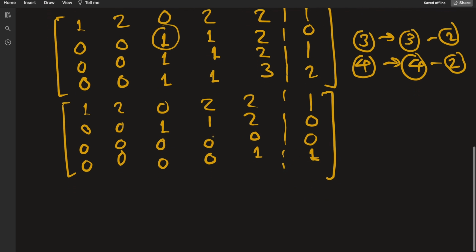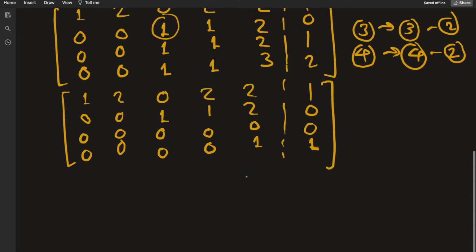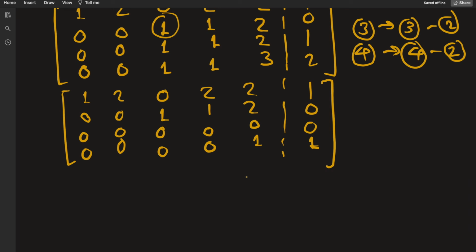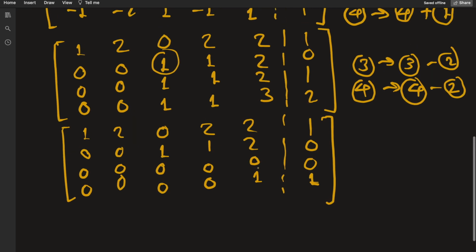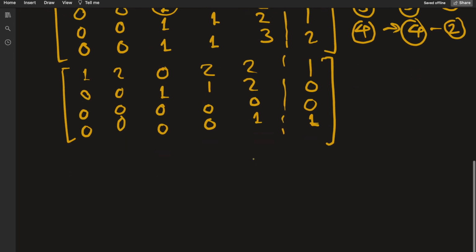And now even in the next column there's no pivot, like there's no non-zero number at the pivotal position or below it anywhere, so just skip that and move on to the last column, and we already have a pivot there. And we just need to, I believe, move it up because the third row is the pivotal position right now.